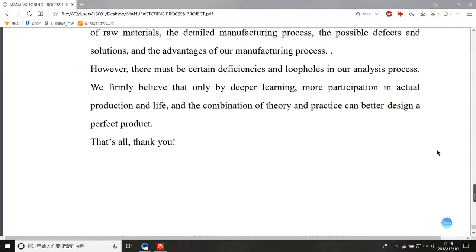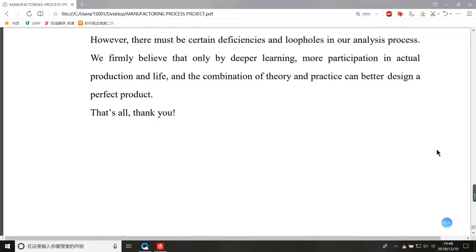However, there must be certain deficiencies and loopholes in our analysis process. We firmly believe that only by deeper learning and more participation in actual production and life, the combination of theory and practice can help us design a perfect product. That's all. Thank you.